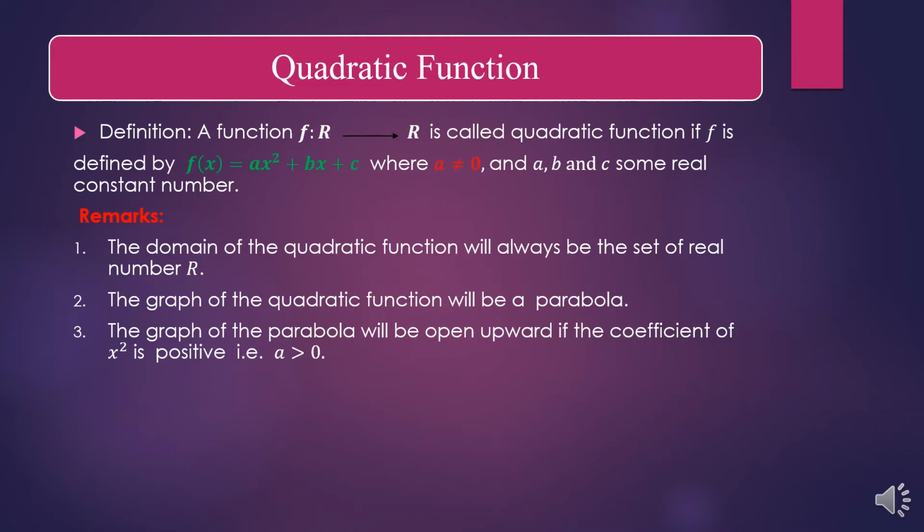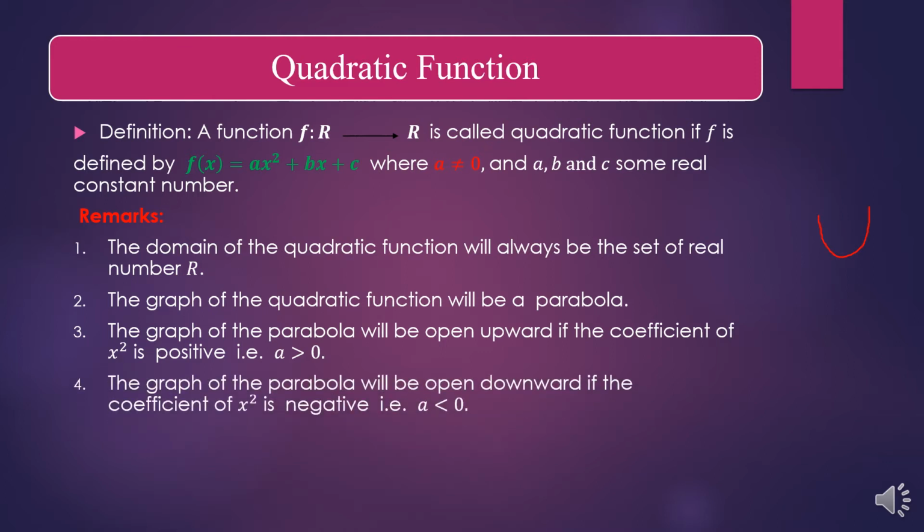So let us show you how this will be. If the coefficient of x square is greater than 0, a is greater than 0 here, it will give you an open upward parabola like this. And similarly, the fourth point: if the coefficient of x square is negative, the graph of the parabola will be open downward.